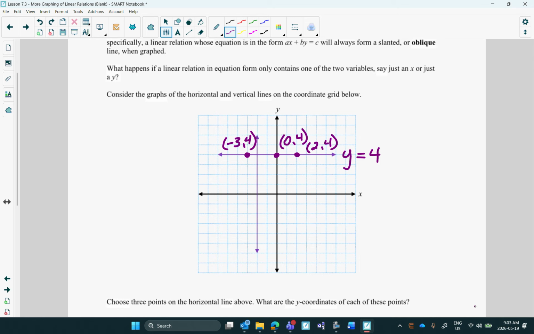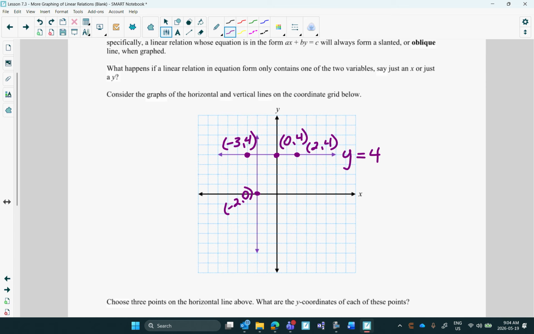What about this one? Tell me a point on this vertical line. 0, 0 is here. 2, 0 is here. Because I'm looking for points on this line.